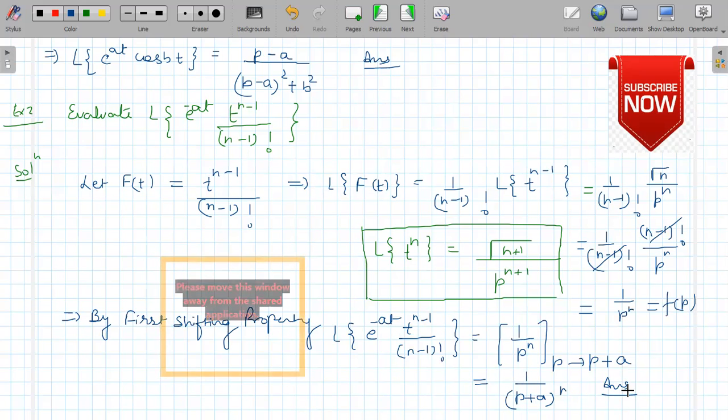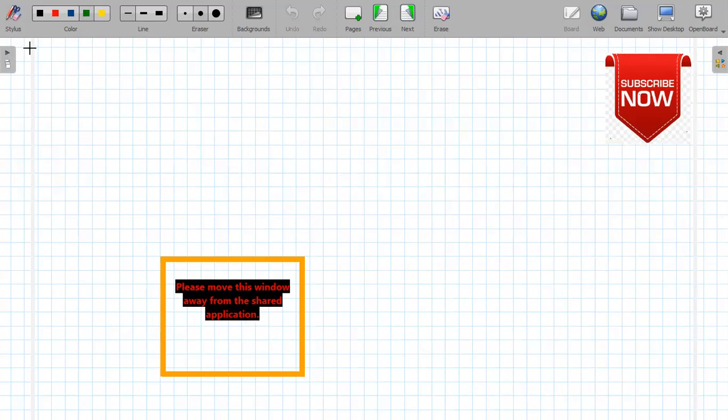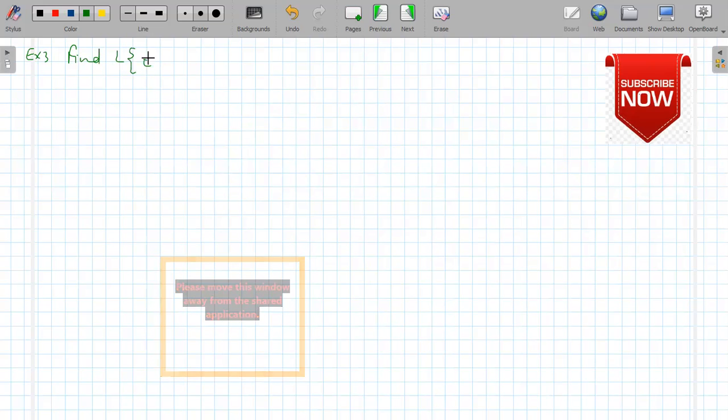I think the whole procedure is quite understood. Let me do one more example. Example number 3. Find the Laplace transform of e raised to the power minus t sine square t.